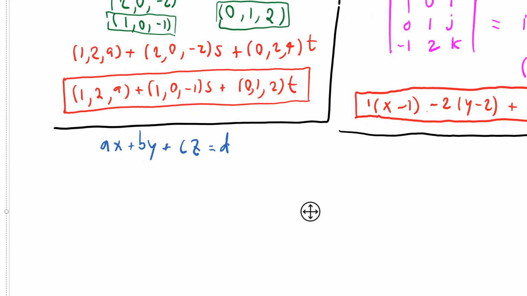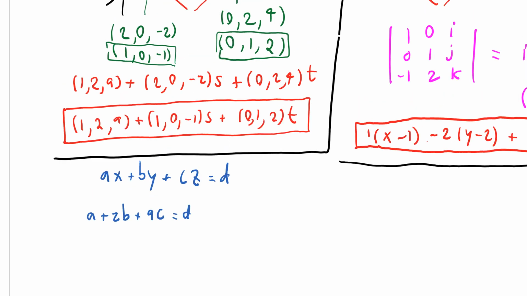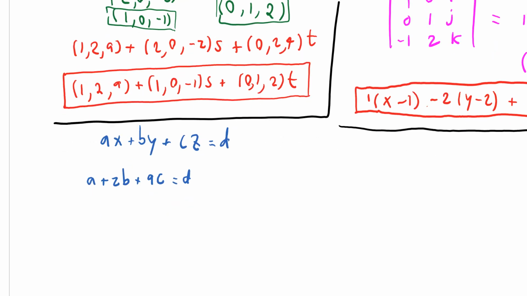So I plug in 1, 2, and 9 for x, y, z. I get a plus 2b plus 9c equals d. Then I plug in another point, which is 3, 2, and 7. So I get 3a plus 2b plus 7c equals d.